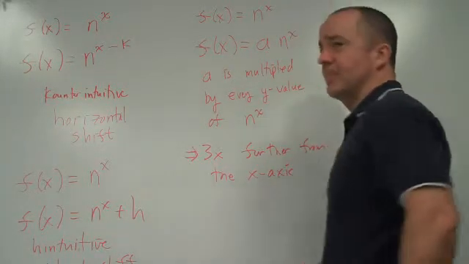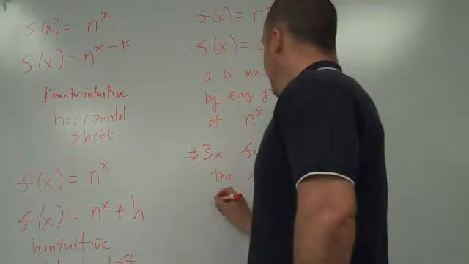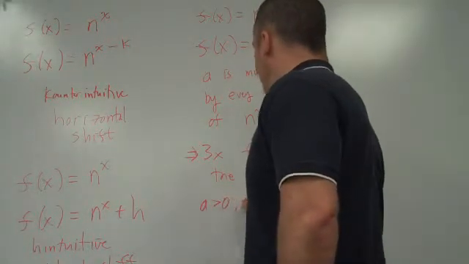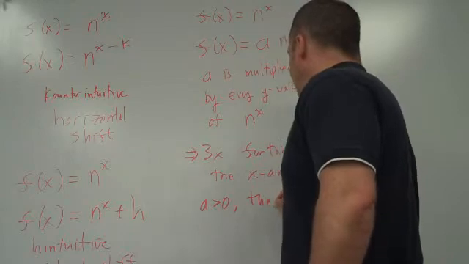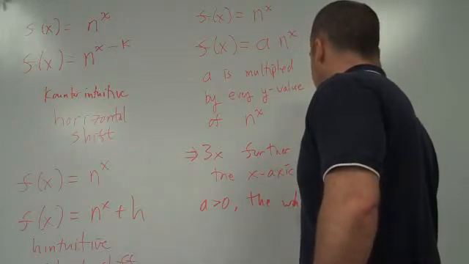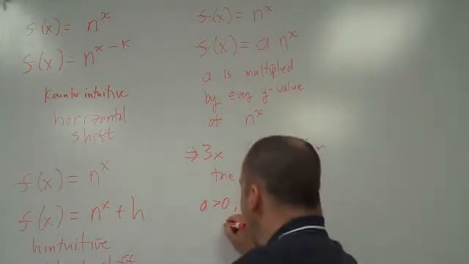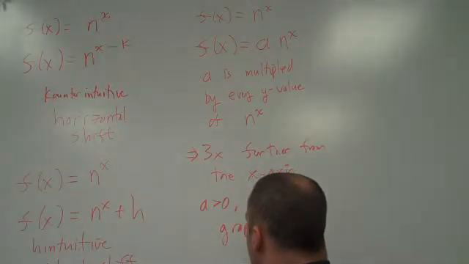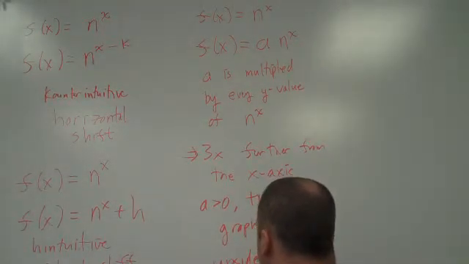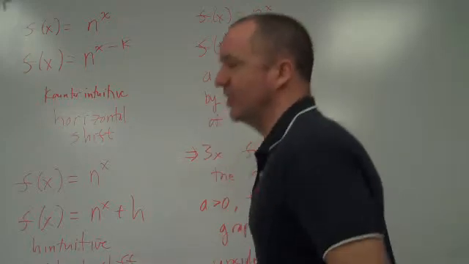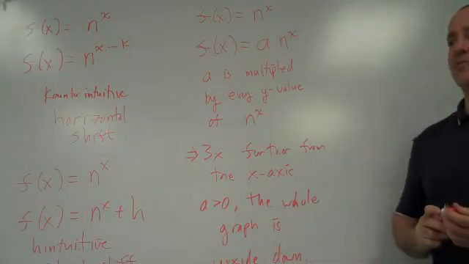Oh, and if a is less than 0, then all of a sudden the whole graph is upside down. That's a fun one. If a is less than 0, the whole graph is upside down.